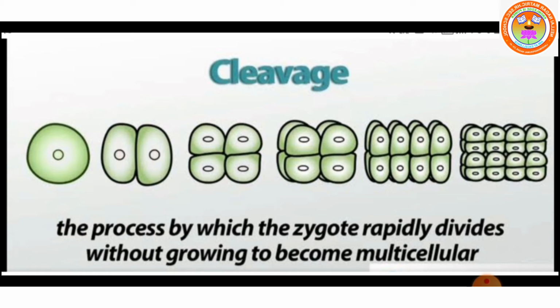Cleavage serves two important functions in early development. The process creates a multicellular embryo. It is also an organizing process that partitions the embryo into developmental regions. The cytoplasm of the zygote contains many chemicals that regulate gene expression. So it is the process by which the zygote rapidly divides without growing to become multicellular. So this is said to be cleavage.